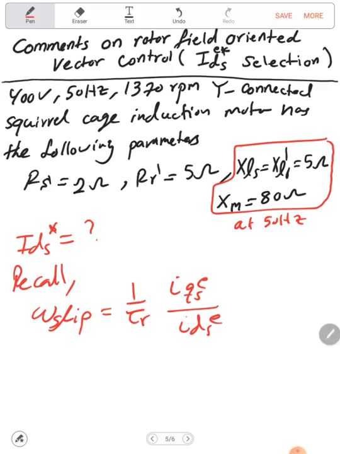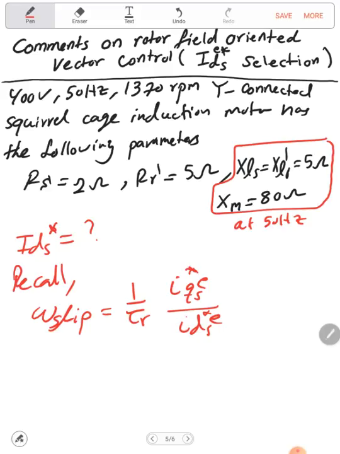So simply, if we can calculate omega slip at rated condition, we get the first equation which relates the IDSE with IQSE. Here we have two unknowns, the torque component of the stator current, IQSE, and the flux component of the stator current, IDSE. So we need a second equation.